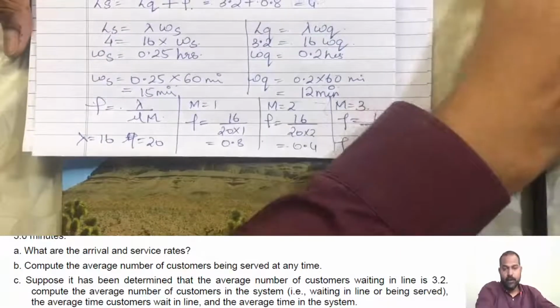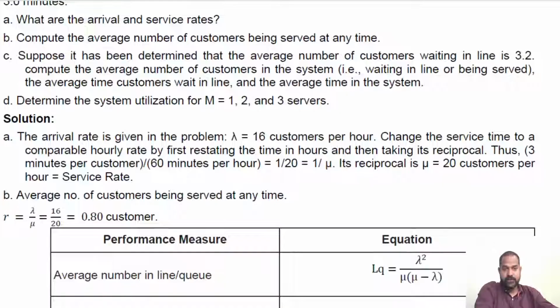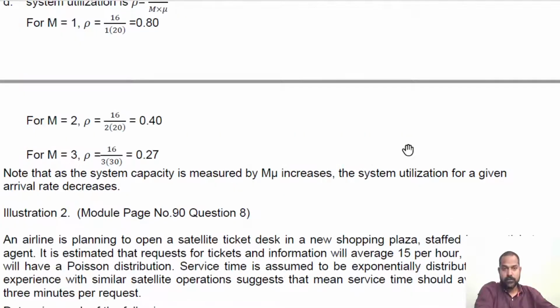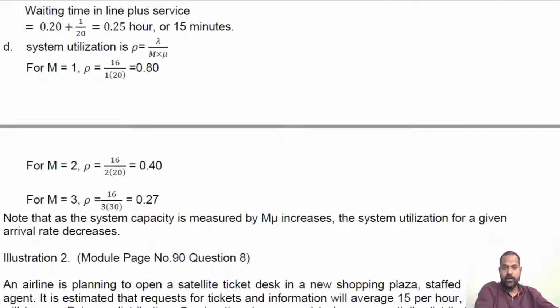That's it. Let's check what their solution is. Well, here with one server 0.8, 80%, with two servers 0.4, 40%, with three servers 0.27, which is 27%. Obviously, if you increase the number of servers, your utilization is going to decrease, because you can serve more people than can come.